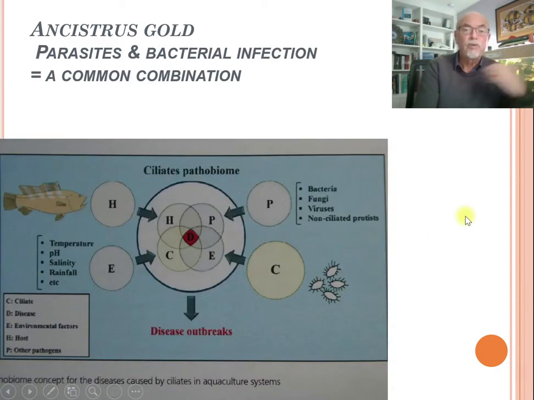But it's important to understand that when you have a parasitic infection, it's very often combined with a bacterial infection. And this has to do with environmental factors which can be playing a role, like too high temperature or a bad pH. It can be that there are bacteria in the water and fungus and other parasites.